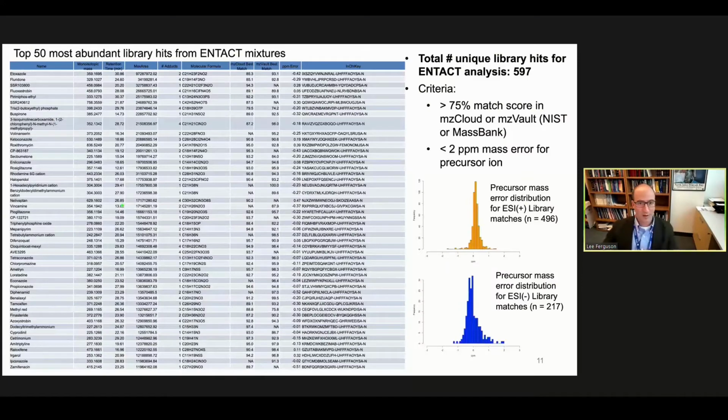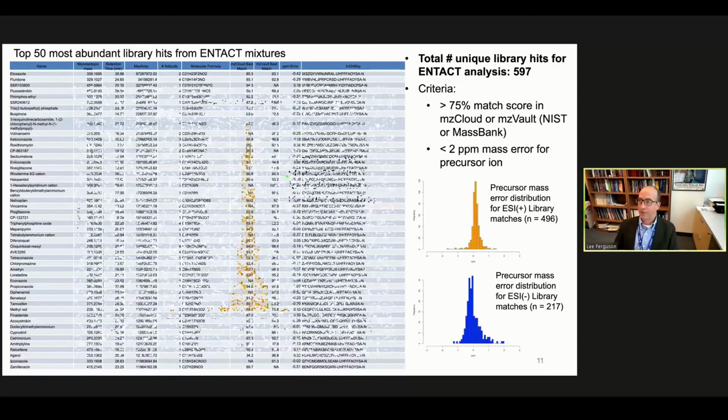And so obviously, I'm not going to read through all 600 of the compounds that we identified, but here's just a snapshot of the top 50 most abundant library matches that we had. The library scores are over here, as well as our mass error. And actually, this is something I want to point out.